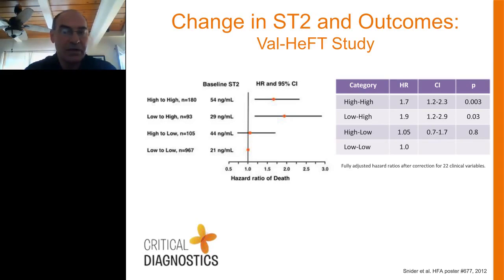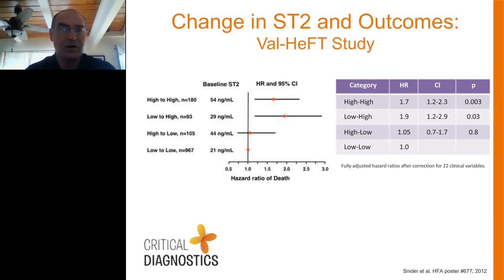And what we're looking at in this case is the risk in patients as a function of whether their ST2 value changed or didn't change over that 4-month period of time. Because this was a stable cohort, we would expect that most of the patients would have low ST2, and that's true. There were over 1,100 patients in the U.S. subset of this cohort.